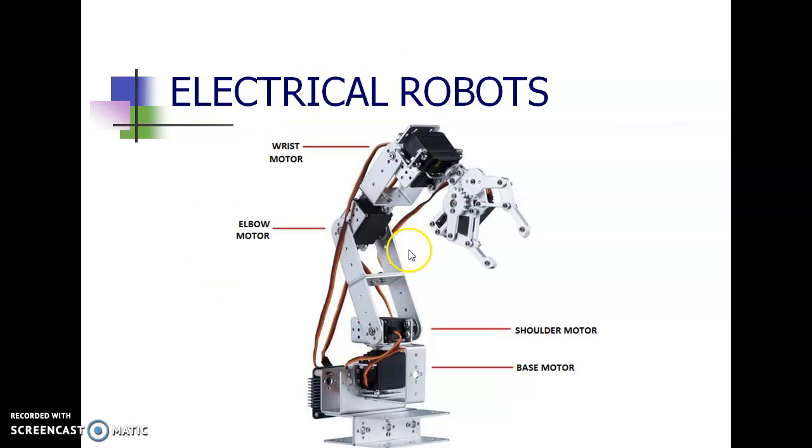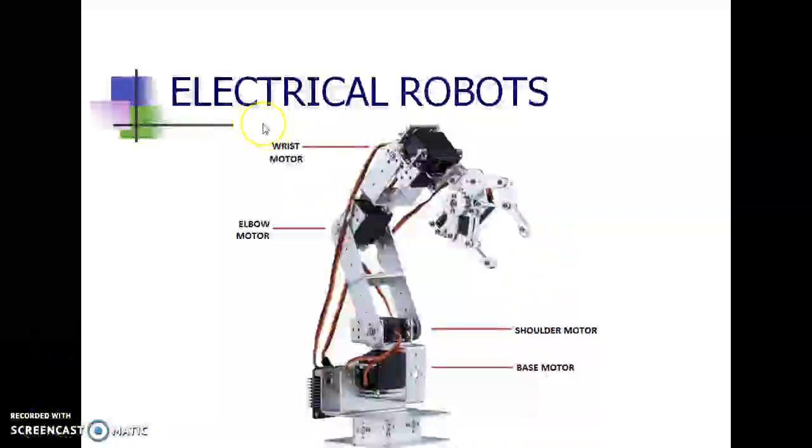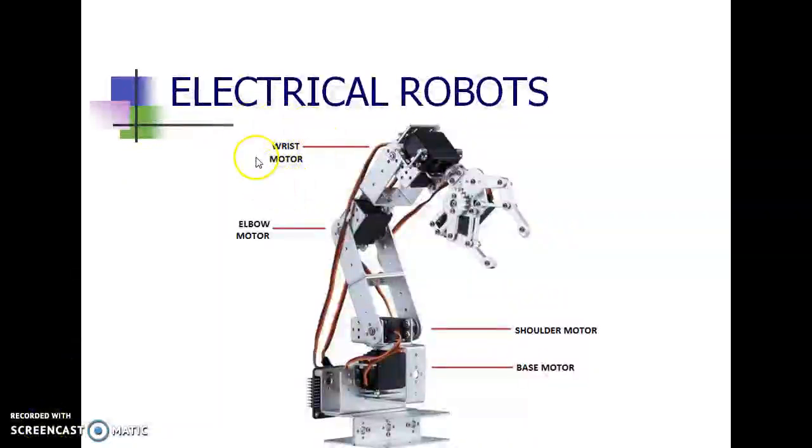So this is again an electrically operated robot. You can see various motors are present: a base motor, a shoulder motor, an elbow motor, and this is the wrist motor. All these motors provide rotary drive.